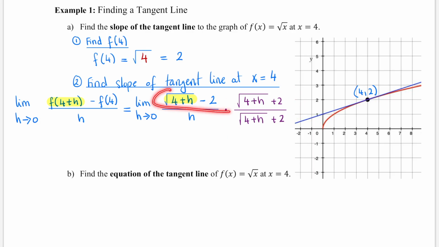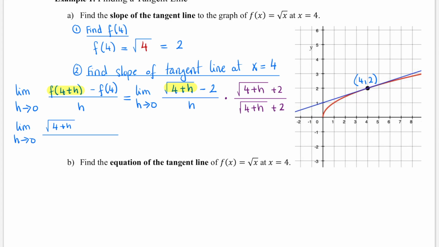In the numerator, I have square root of 4 plus h minus 2 times square root of 4 plus h plus 2. This is a difference of squares: a minus b times a plus b is a squared minus b squared. So I have square root of 4 plus h, squared, minus 2 squared. And in the denominator, I'll just take h times square root of 4 plus h plus 2.